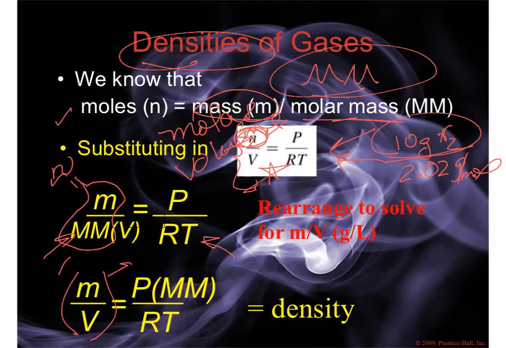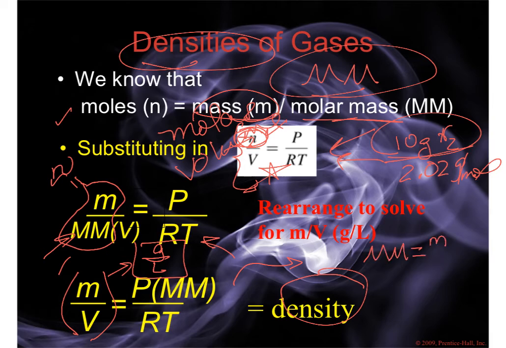That's mass over volume, so it'd be grams over liters, which are the units of the other way we did density, just with the molar mass. And so that would give us density. Or we could rearrange this to solve for molar mass. We would get molar mass equals m times RT, multiply both sides through by RT, and then divide both sides by P.